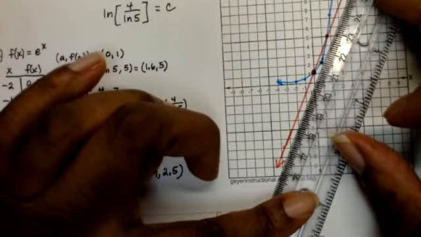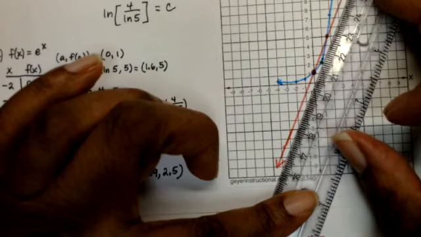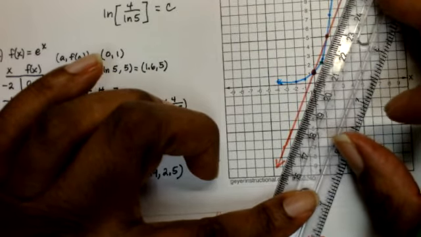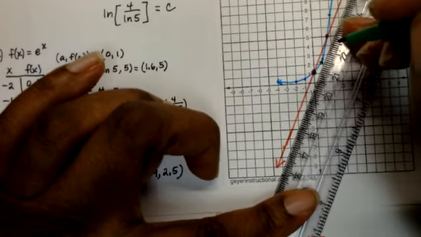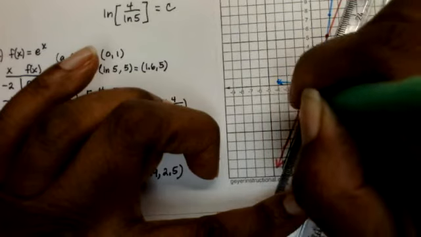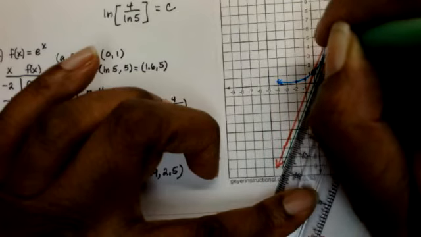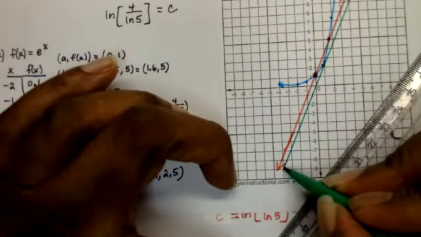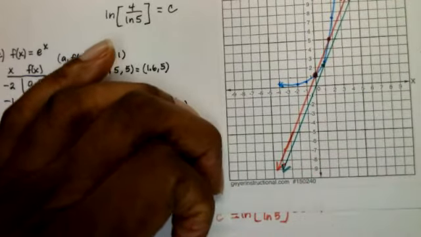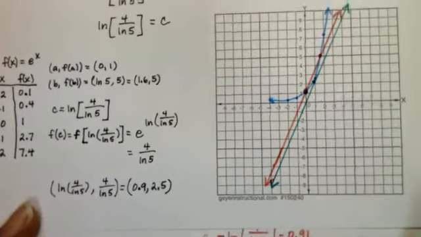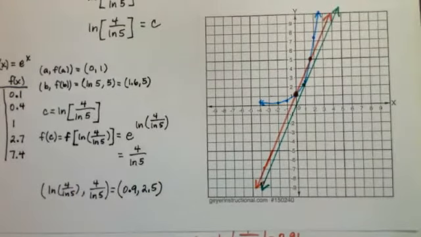In reality it is not exactly 2.5, it's 2.485. And if I draw that tangent line, it has to be parallel to the secant line. This will be it. That green line represents the tangent line to the curve f of x is equal to e to the x.